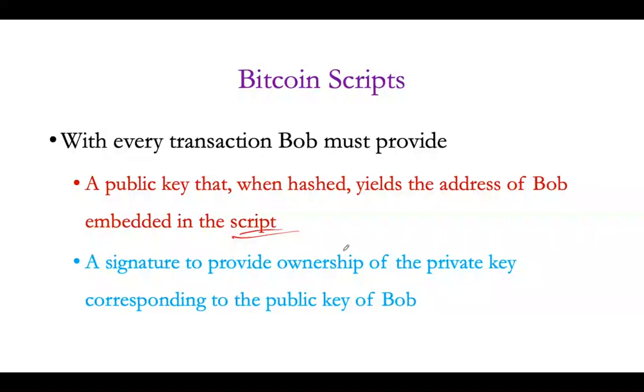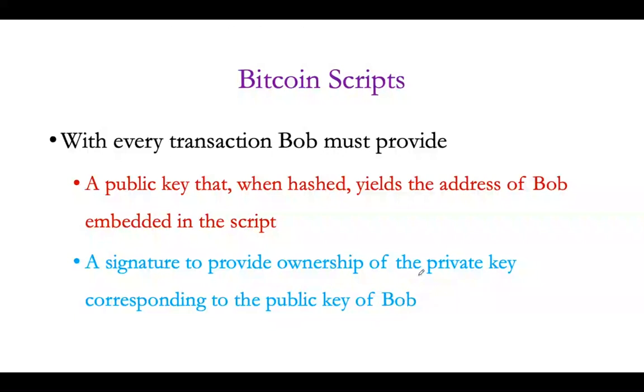That is one. Second, when the coins are created by Bob, Bob must use the public key to create the coins. And when the transaction happens, spending those coins, the signature is provided. That signature proves ownership of the private key corresponding to the public key of Bob.